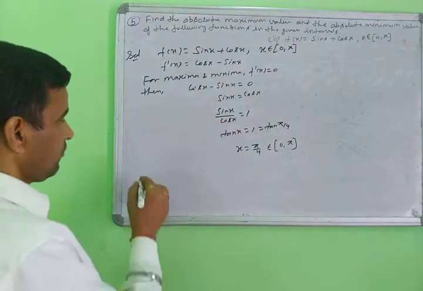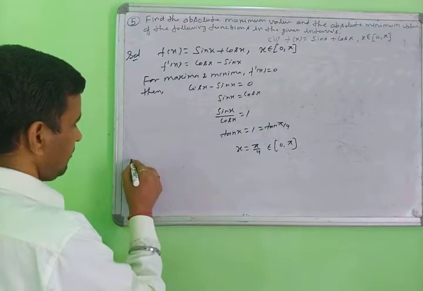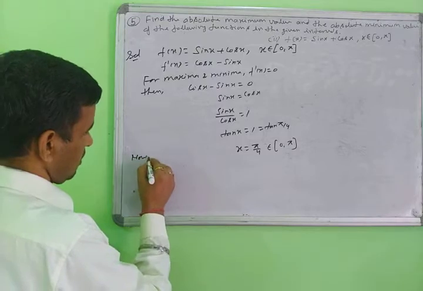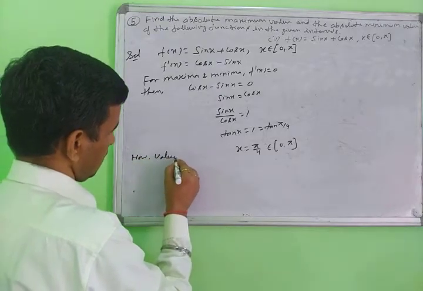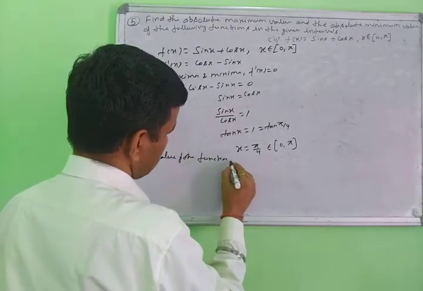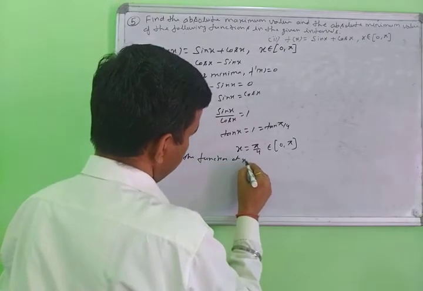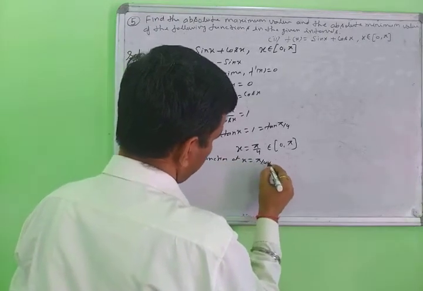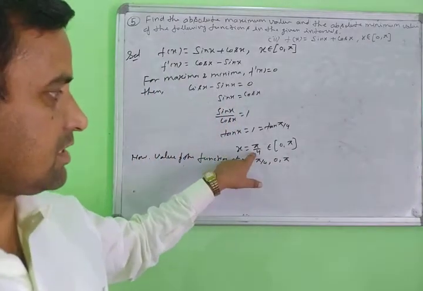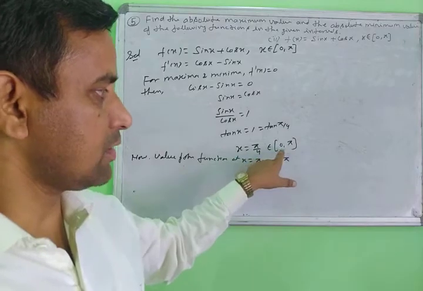So now find the value of the function at x equal to pi by 4, 0 and pi. Same thing, these are the critical point and end points of the closed interval.